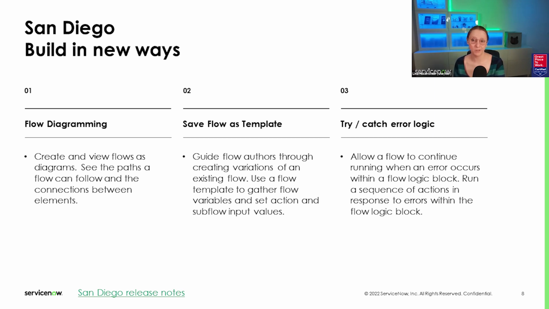We hope that flow diagramming is the UI enhancement that can sway most people who have been hesitant to make the switch. So flow diagramming will allow you to see the paths a flow can take and the connections between the different elements. So specifically for your nested if then else constructs, or doing stuff in parallel, finding out when a branch will end or not.